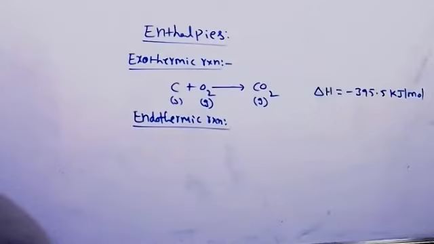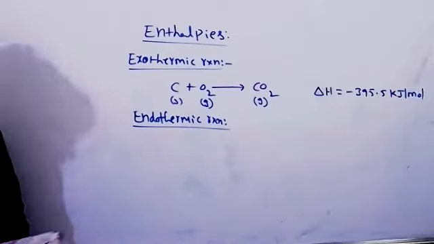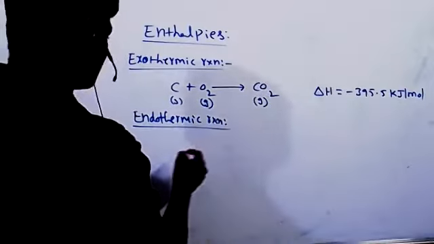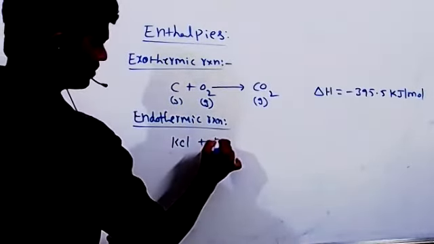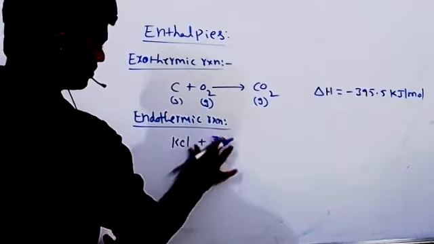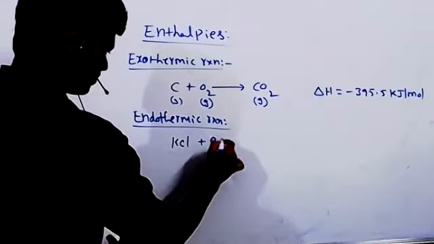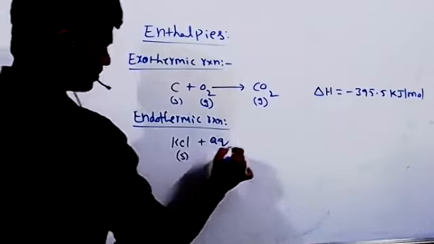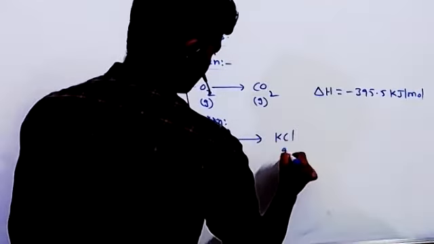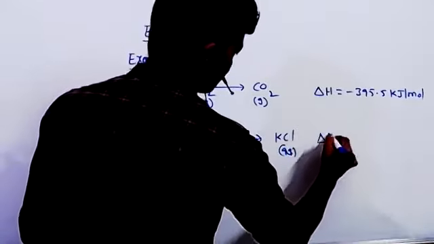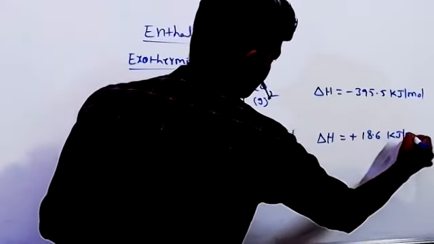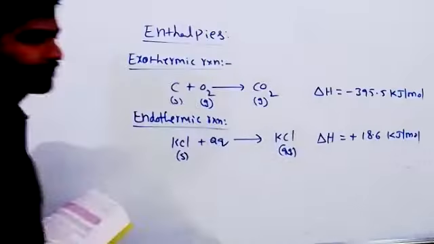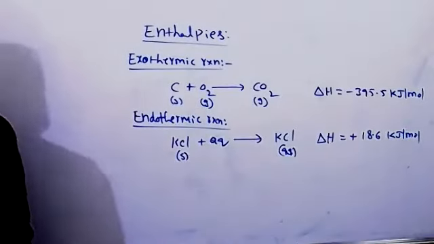Suppose dissolution of KCl in water, it absorbs heat, the amount is plus 18.6 kilojoule per mole. This is an endothermic reaction.